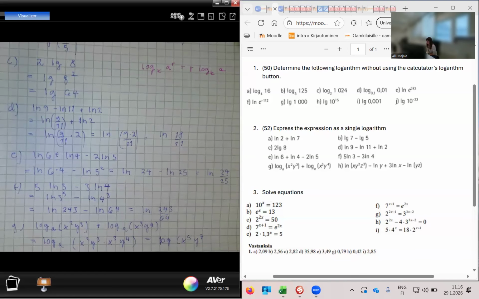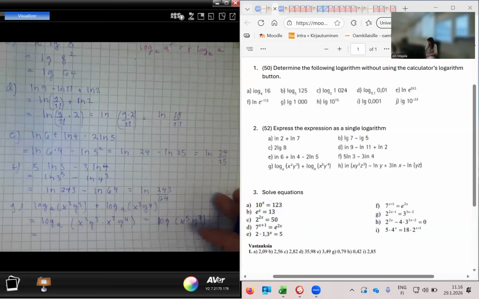Okay. And then I could do many things to this as well. If I wanted to still continue this, why not? How would it look?